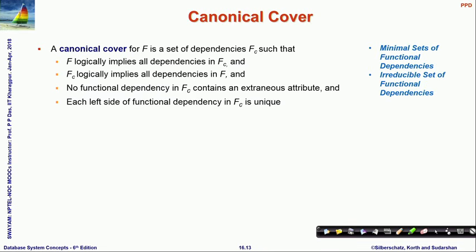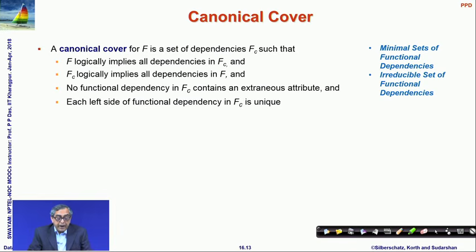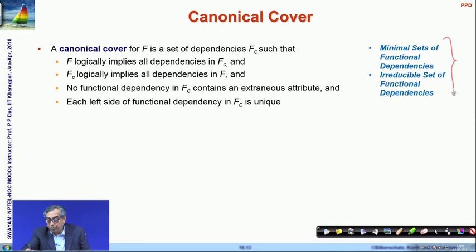So, all of them will be required attributes, and each left hand side of the functional dependency in F C must be unique. So, it is a minimal set of functional dependencies. Please note these two core points: a cover is canonical if it is a minimal set, and it is an irreducible set. So, neither can you remove any dependency nor can you remove any extraneous attribute from this dependency set.